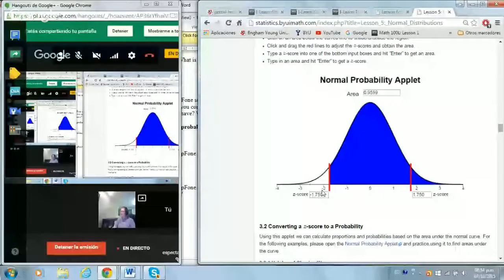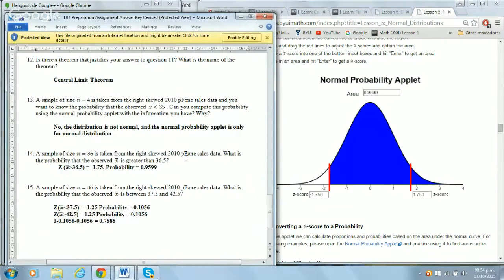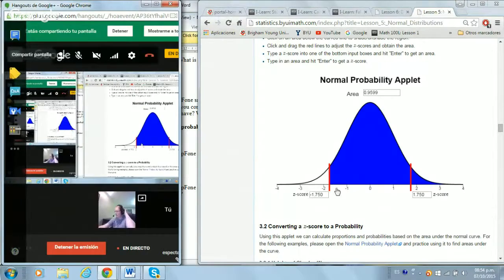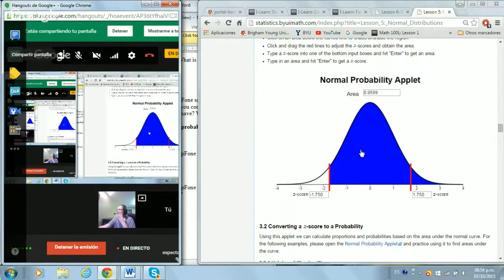So that means that here in this place is going to be located the 36.5. Because they ask for greater than that, it has to be on the right side.